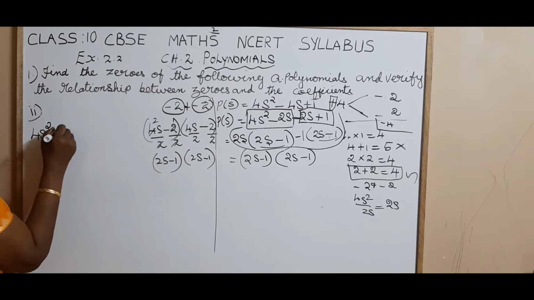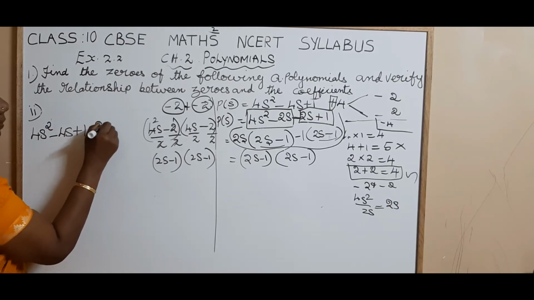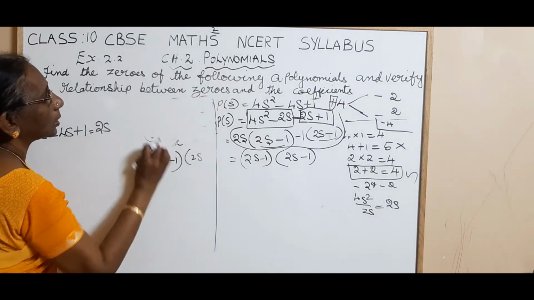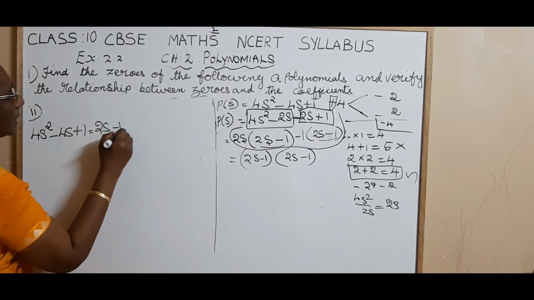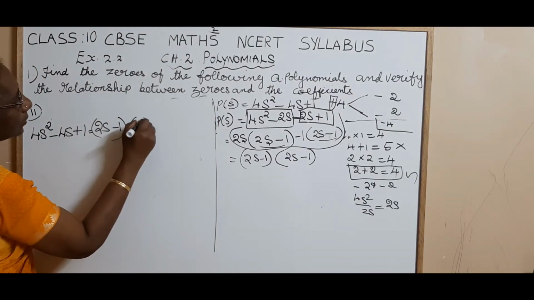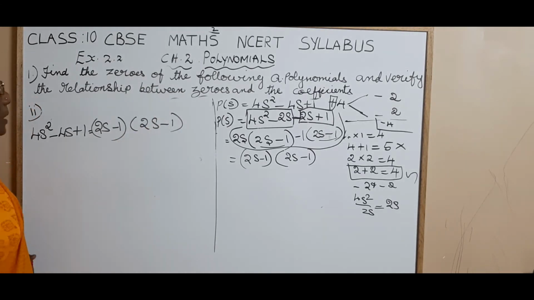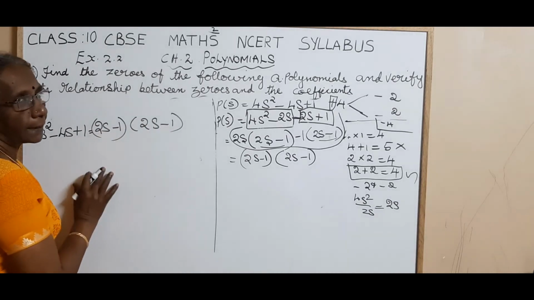4s squared minus 4s plus 1 is equal to (2s minus 1) into (2s minus 1). So we have to find the zeros from the two factors.